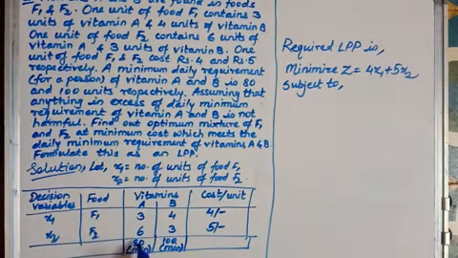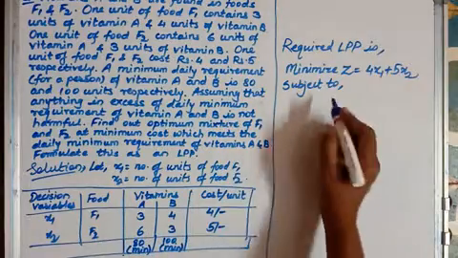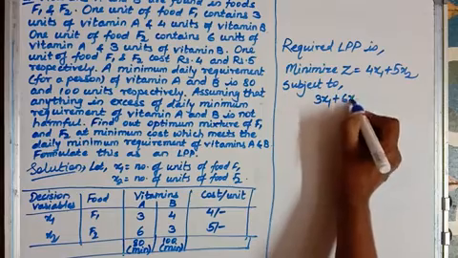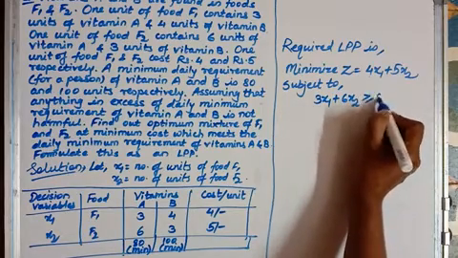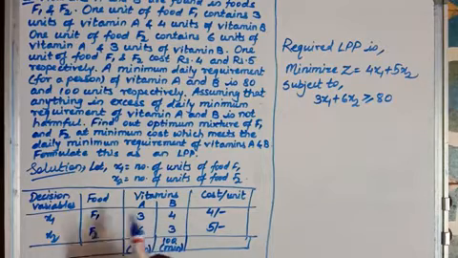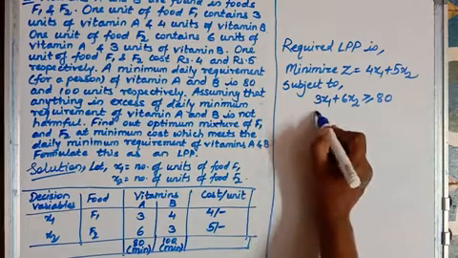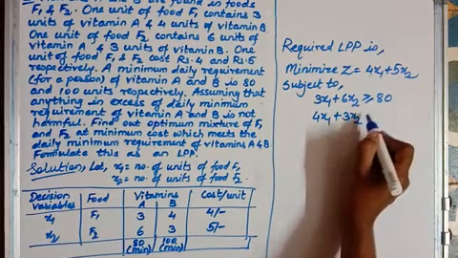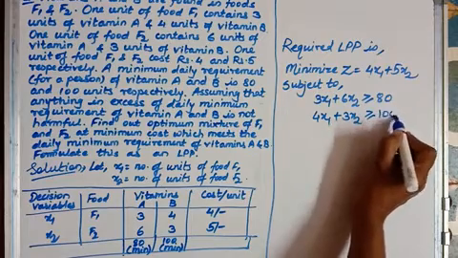Now it is a minimum, so it is greater than or equal to 80. I must write 3x1 plus 6x2 greater than or equal to 80. Similarly, for vitamin B, it is 4x1 plus 3x2 greater than or equal to 100.